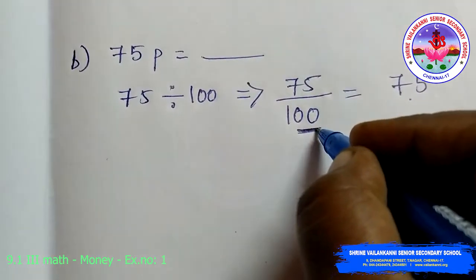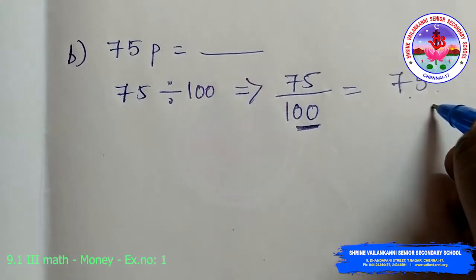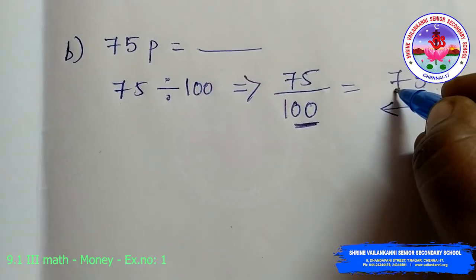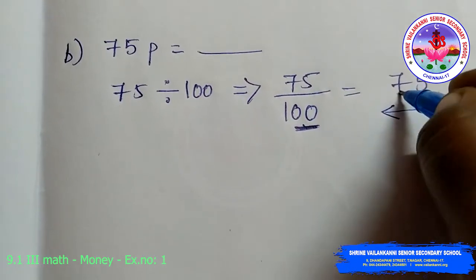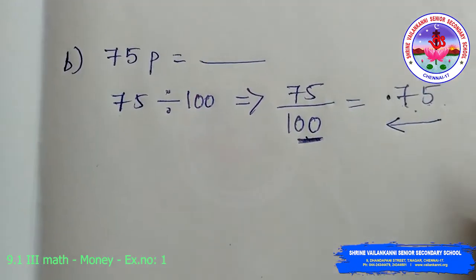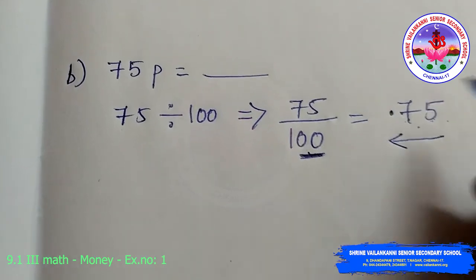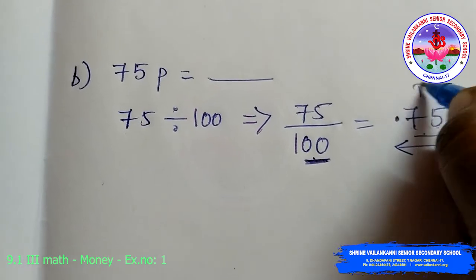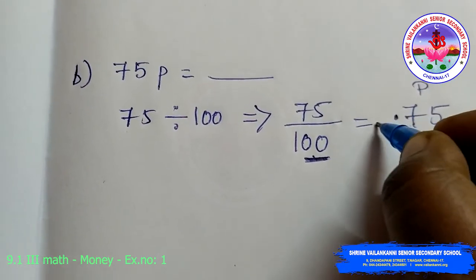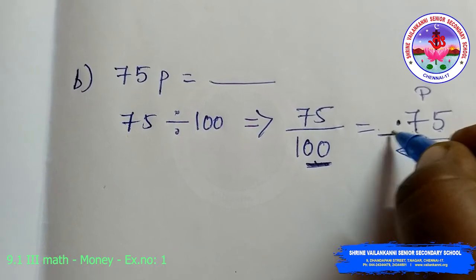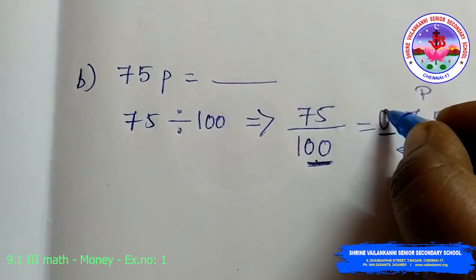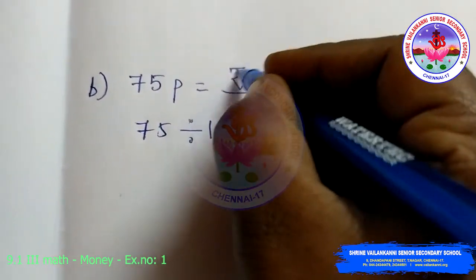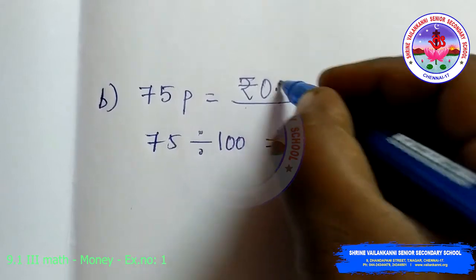For these 2 zeros, from right to left, you have to move 2 places and then keep a decimal. After this dot, the value is paisa, and before it you don't have any value, so you can treat it as 0. So the rupees is 0. Now the value is rupee symbol 0.75.